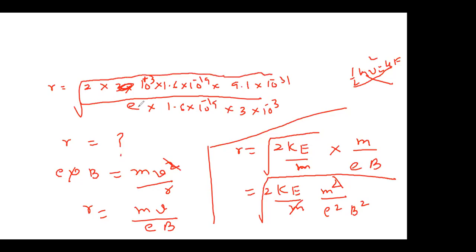Let us see what we can cancel. 10 raised to minus 19, 1.6 I can cancel. Approximately 3 3s are 9 I can cancel. So now left out will be 2 into 3, 6.